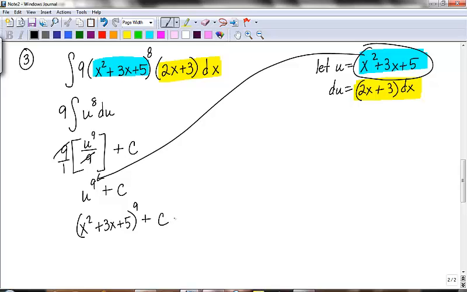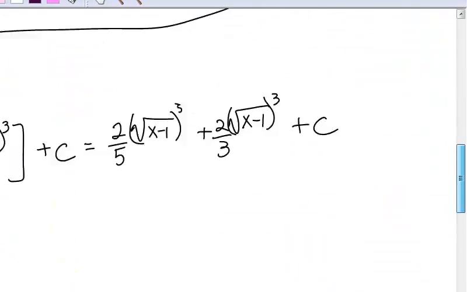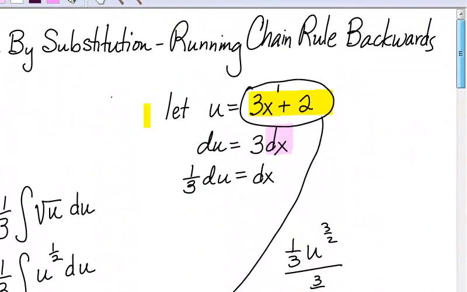Before we go through the definite integrals, I want to go back and check. Let's go back to the first one. Okay, everybody done with that one? Go all the way back up to the first problem we did.